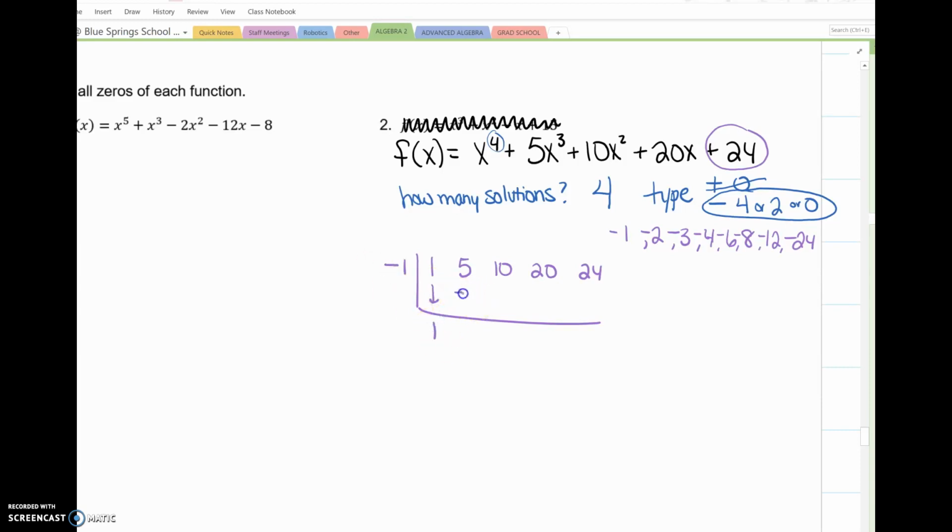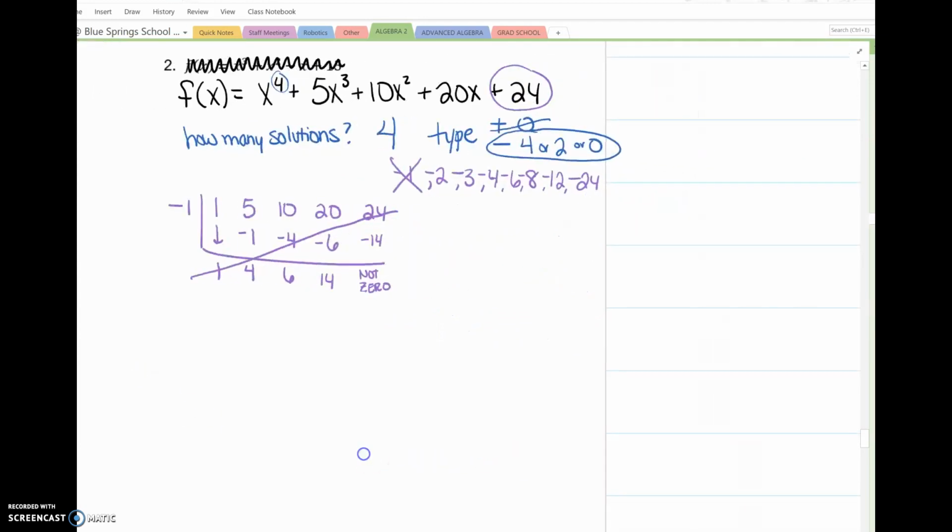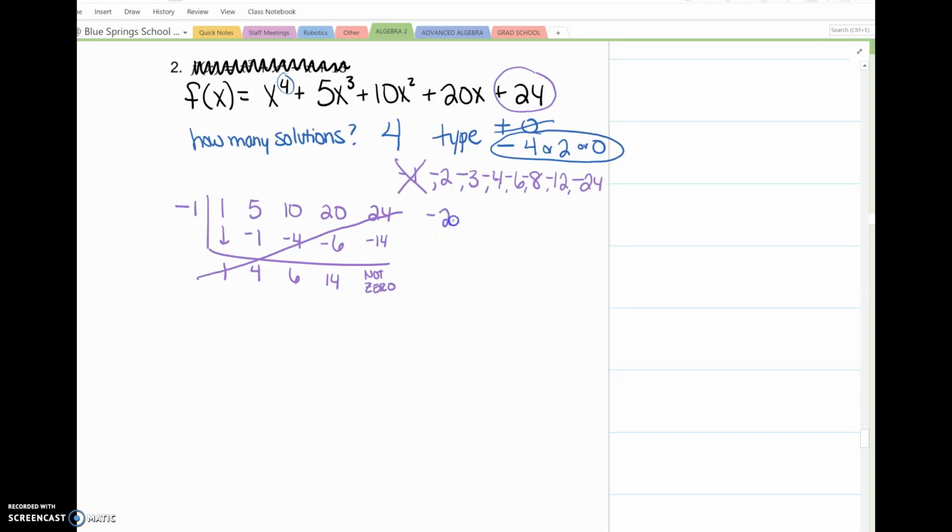Do the synthetic division. -1. Did it work? No. So next, I'm going to test -2 and see if -2 works.